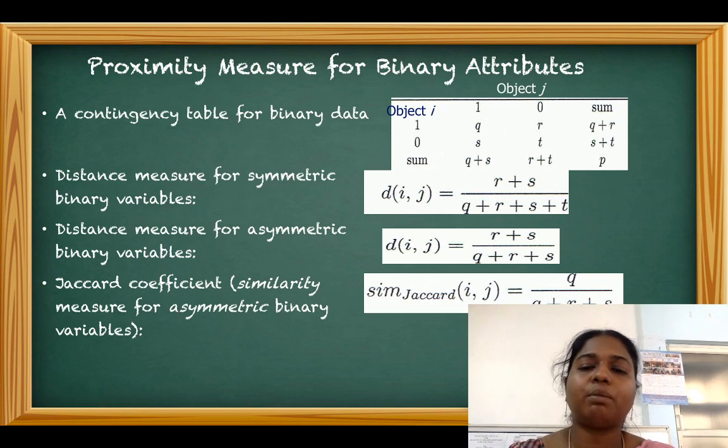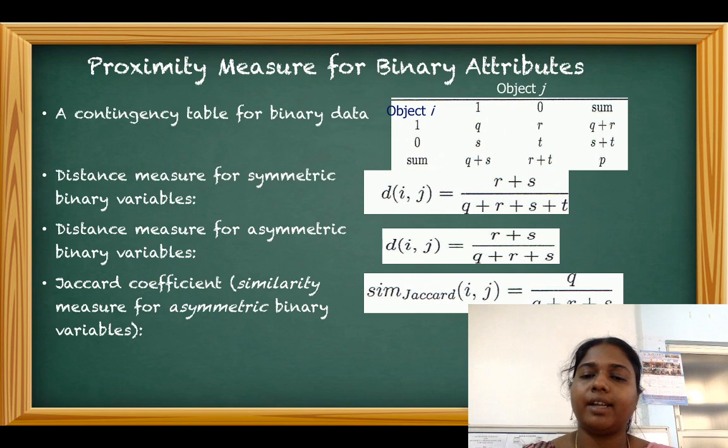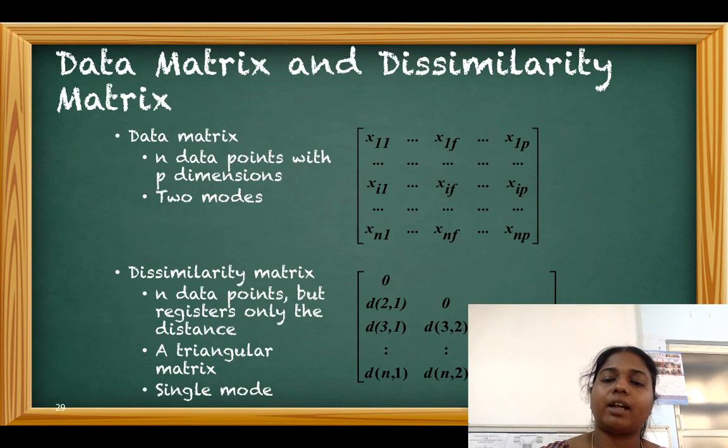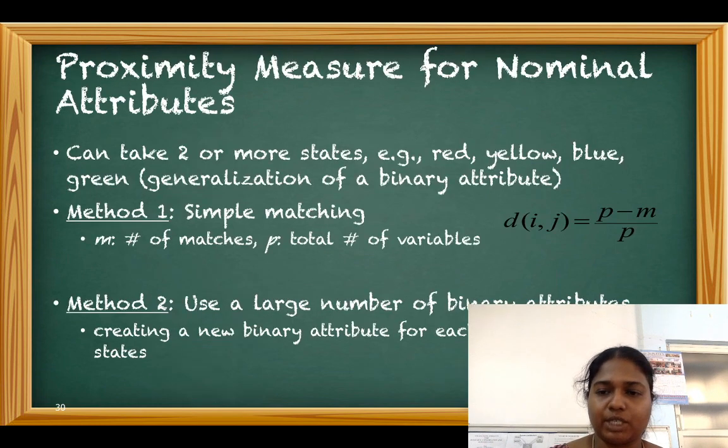For such symmetric binary variables, the distance between the two objects is calculated as d of ij given in the first formula, r plus s by q plus r plus s plus t. This can be applicable only for symmetric variables. Once I calculate the distance, I can put it inside the dissimilarity matrix of comparing two different objects.